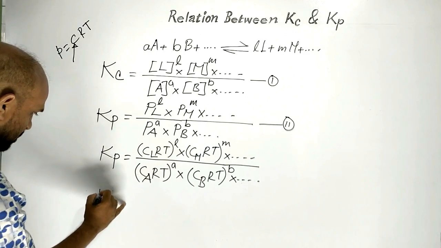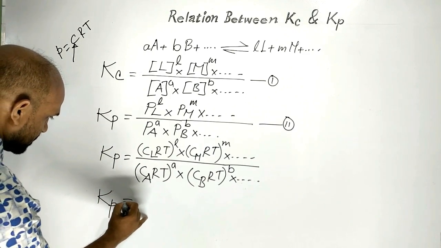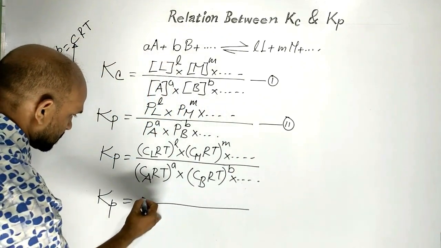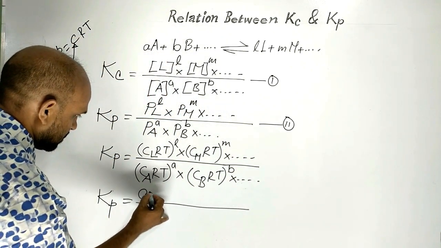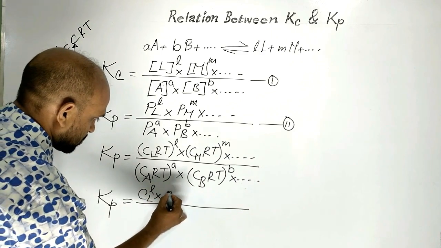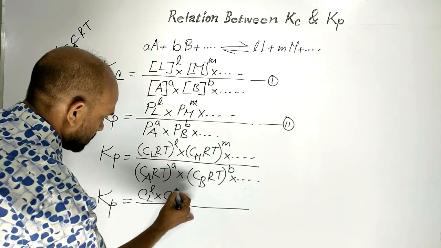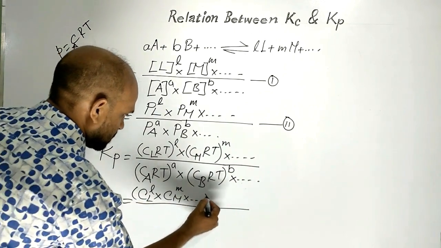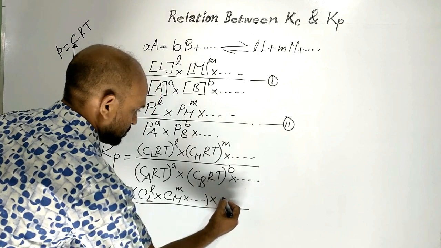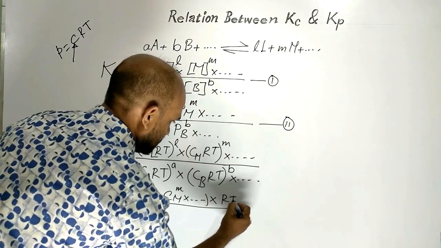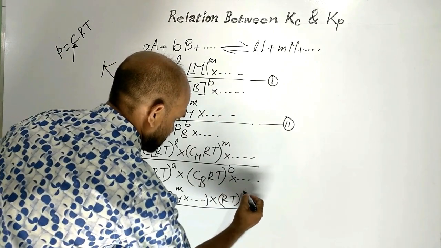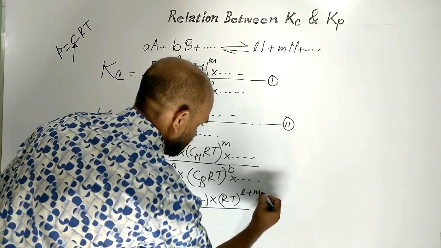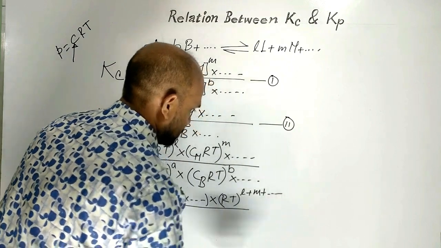From this equation we can write Kp is equal to concentration of L to the power l into concentration of M to the power m and so on, then into RT to the power l plus m plus and so on.